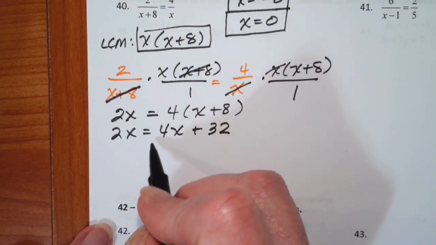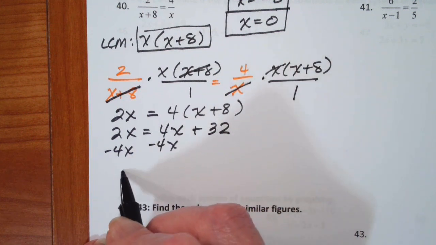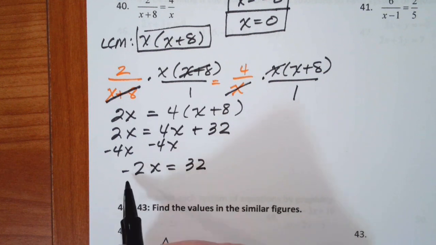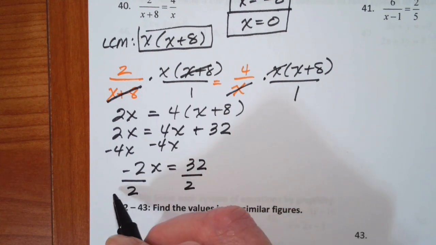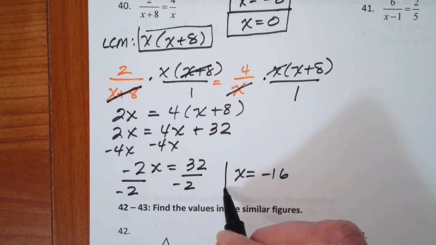This is linear, so I can get the x by itself. So I have negative 2x is equal to 32. And when I divide by negative 2, I get x equals negative 16.